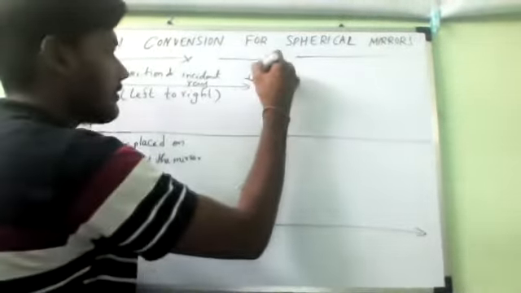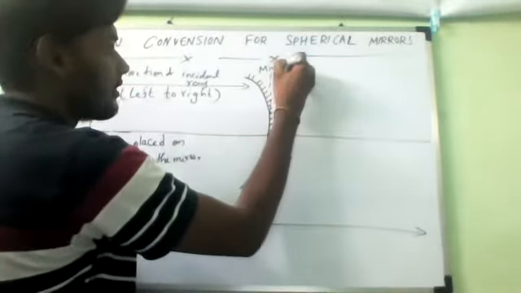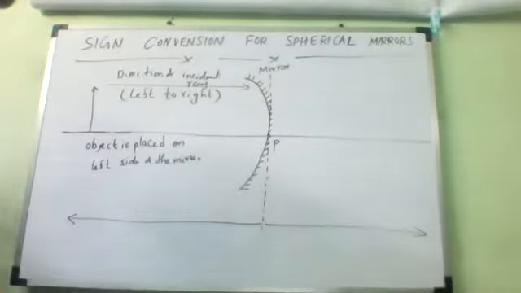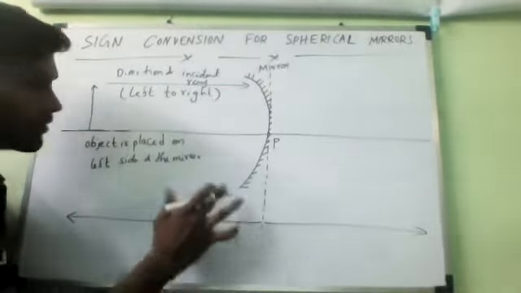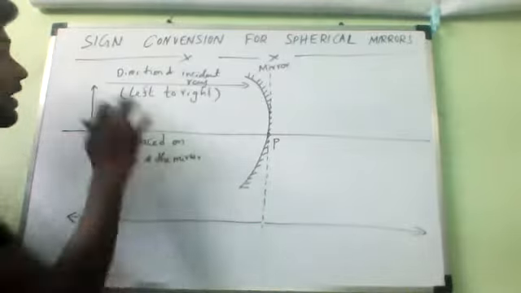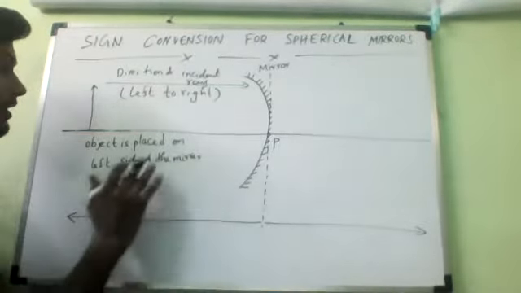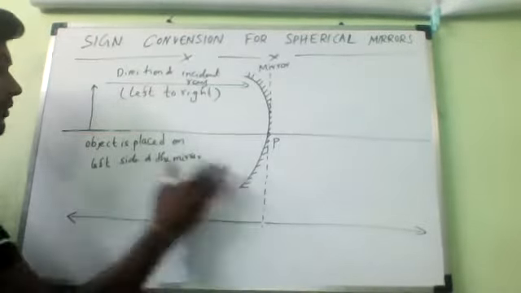So this is what is called a mirror. It may be a concave mirror or convex mirror. Now from here onwards it is most important. Light always falls from left to right, and the object is always placed on the left side of the mirror.